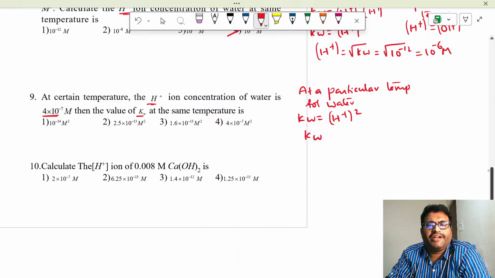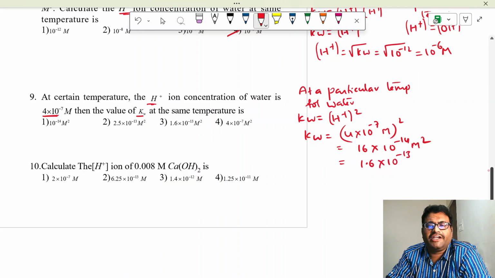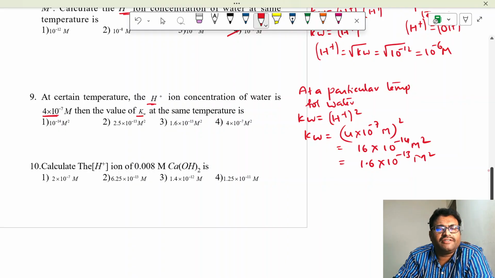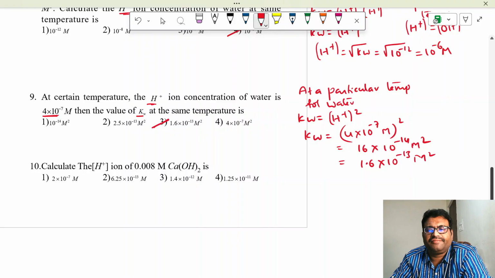So Kw is equal to H plus ion concentration, 4 into 10 power minus 7 molar, square. Then what do you get? 4 squared is 16, 16 into 10 power minus 14 molar square. Then I can write that as 1.6 into 10 power minus 13 molar square. So here is the answer.